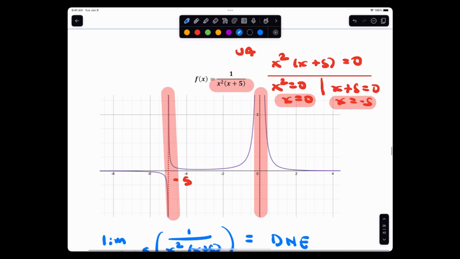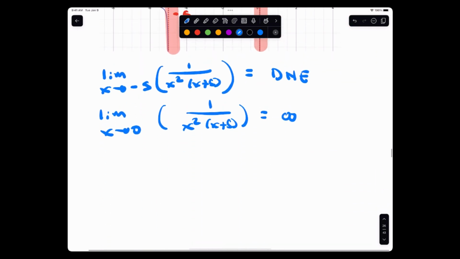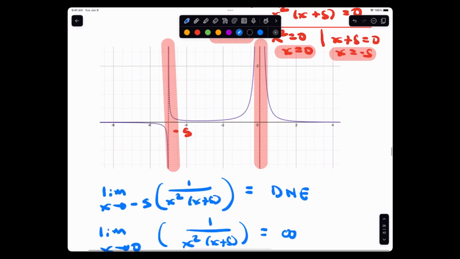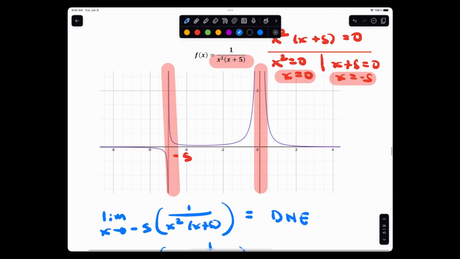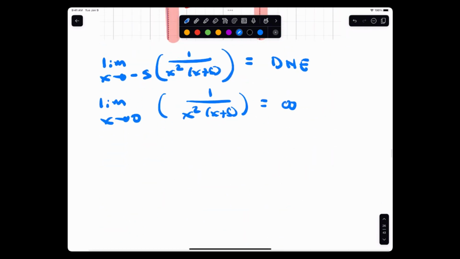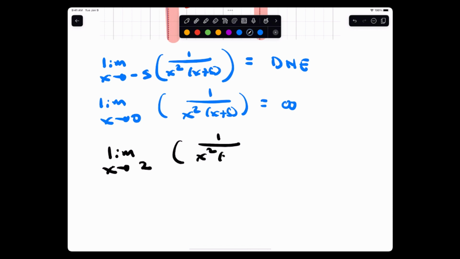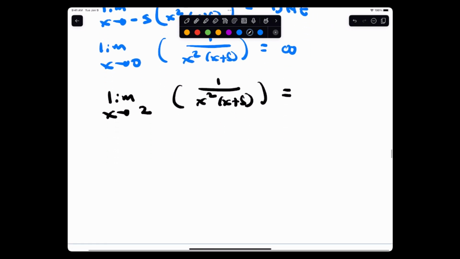All right. And then, what's the limit as x goes to 2 for 1 over x squared times x plus 5? What's that limit at 2? What do you guys know that you can do at 2?